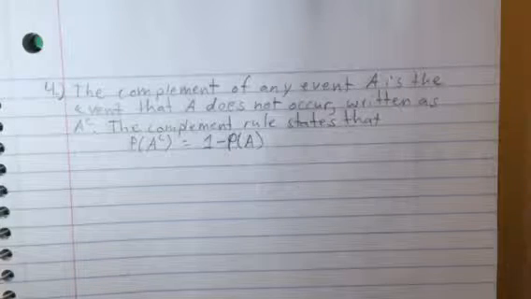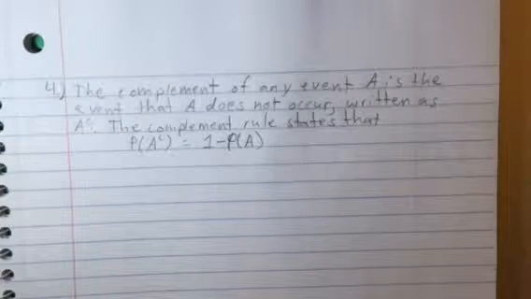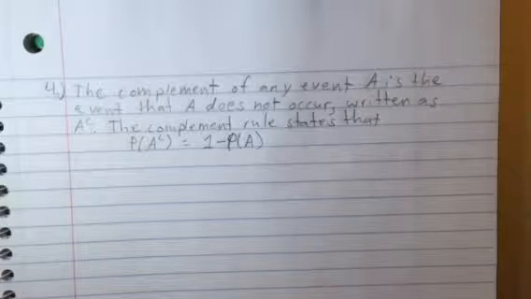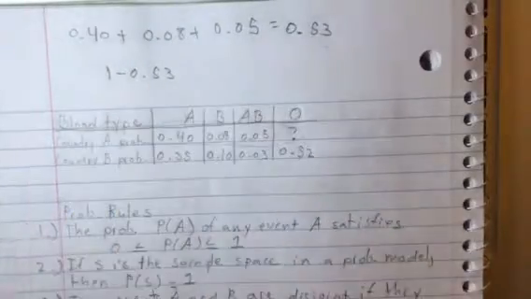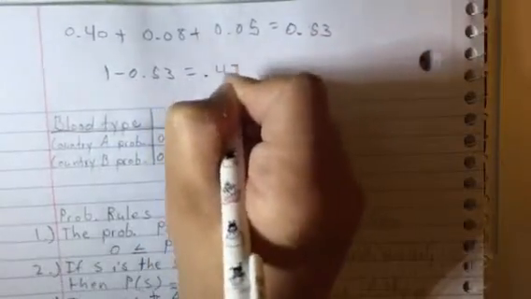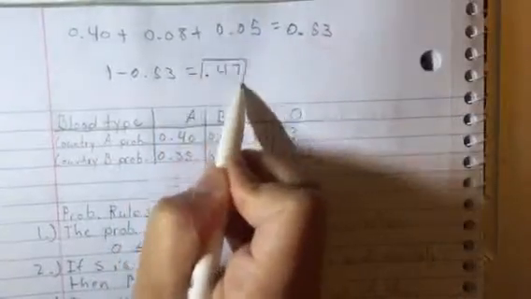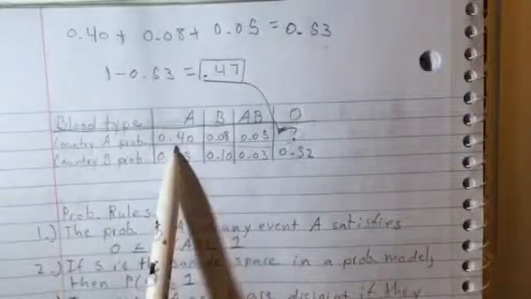The complement of any event A is the event that A does not occur, written as A C. The complement rule states that the probability of the complement of A is 1 minus the probability of A. So you do 1 minus 0.53, which equals 0.47. This 0.47 goes right here in blood type O, because if we add up all of these numbers, 0.40 plus 0.08 plus 0.05 plus 0.47, they should all equal 1.